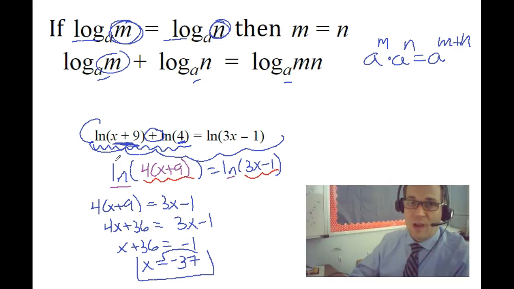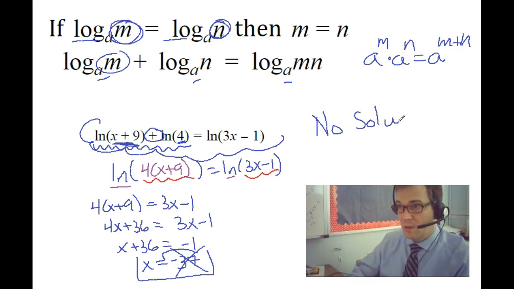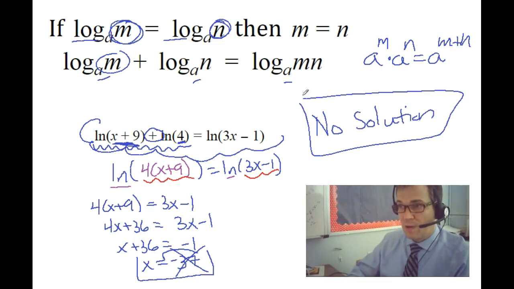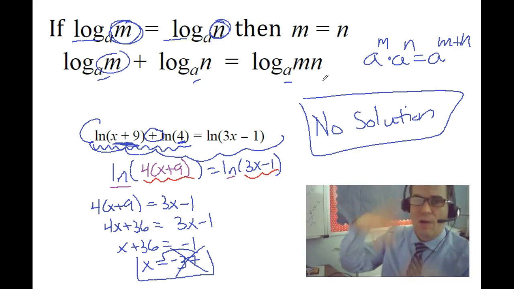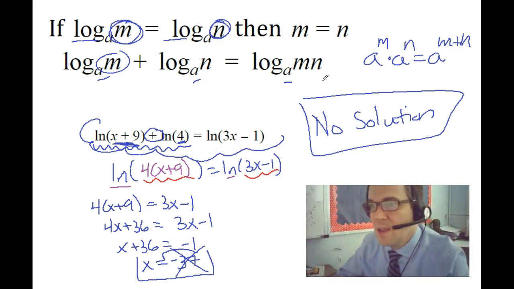I can't take the natural log of a negative number. It's not allowed. So that means that even though this would be right, it doesn't actually work. I can't use it. This equation has no solution. And that's what I'd have to report to get full credit or demonstrate my full understanding.